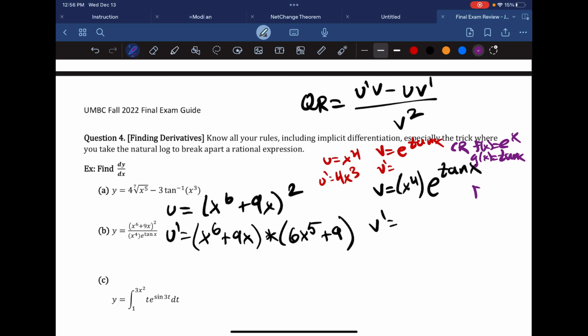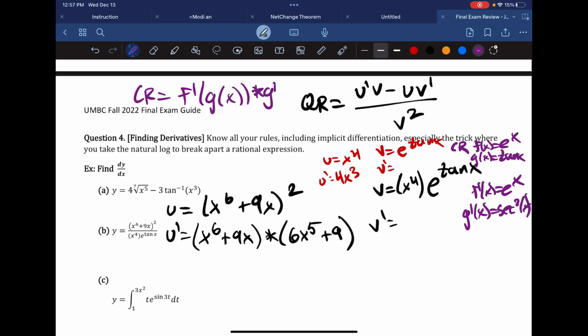The derivative of e to the x is e to the x, and then g prime of x, the derivative of our inside function, is going to be secant squared of x. And the chain rule formula is f prime of g of x times g prime of x.